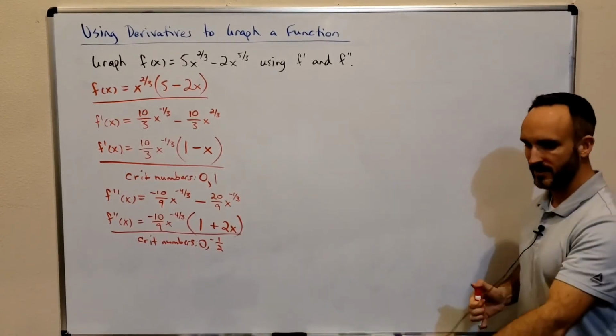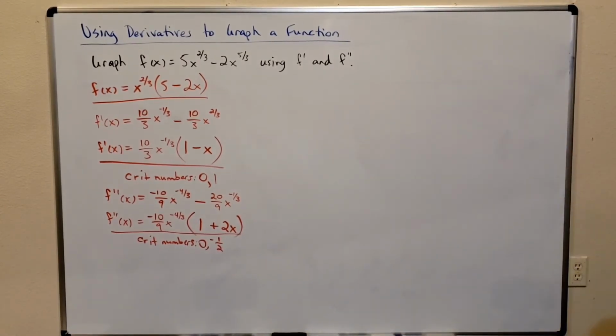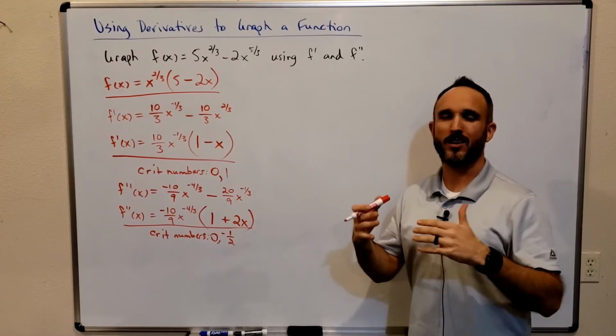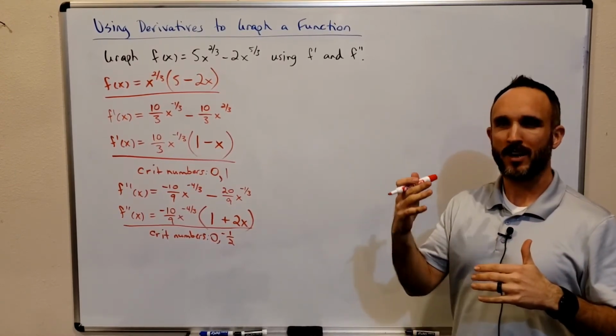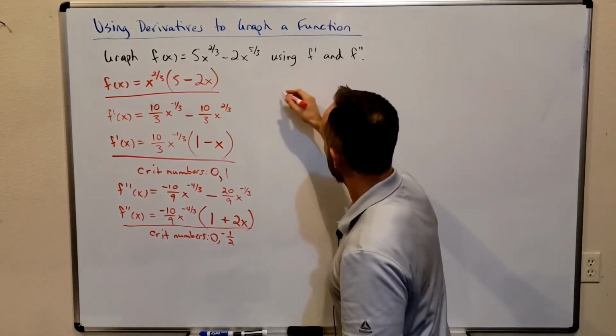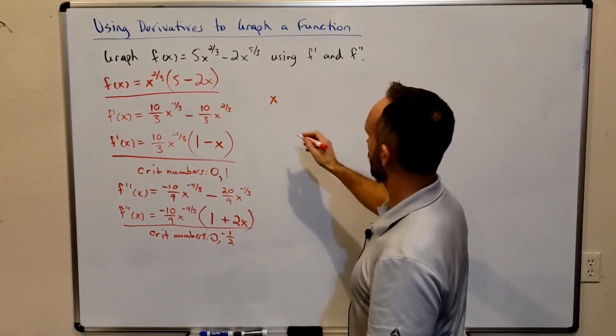So now we've got f prime and f double prime factored, and we've got the critical numbers for f prime and f double prime. Now at this point, we want to make a chart of signs for f prime and f double prime. So we're going to set up our table. The top row will be our x values.